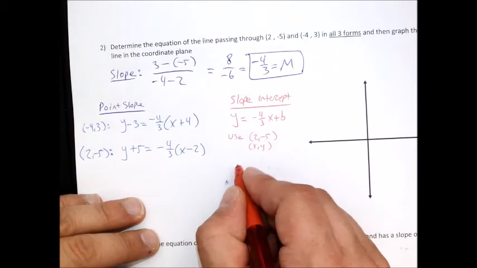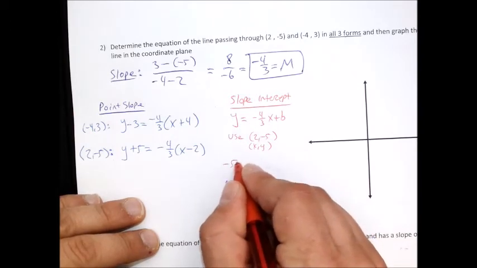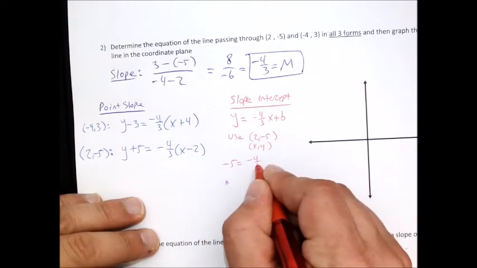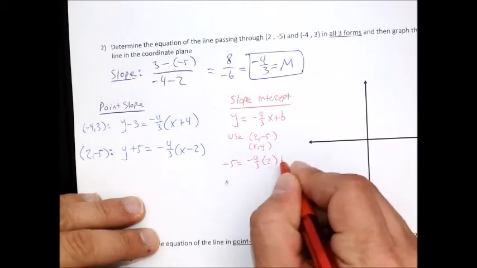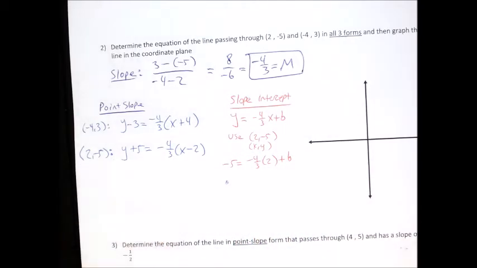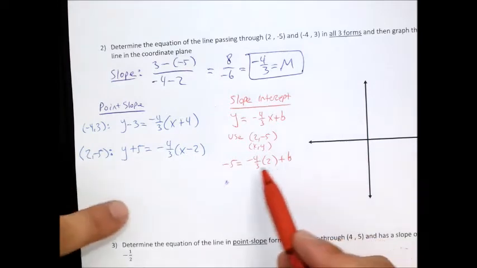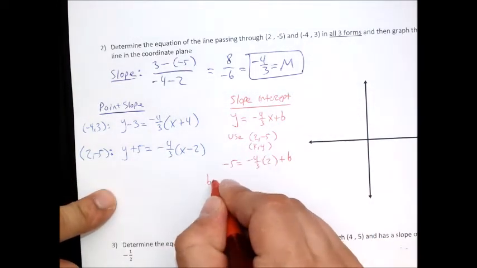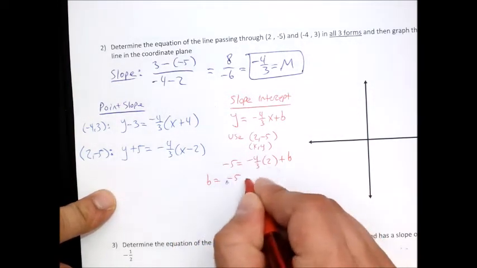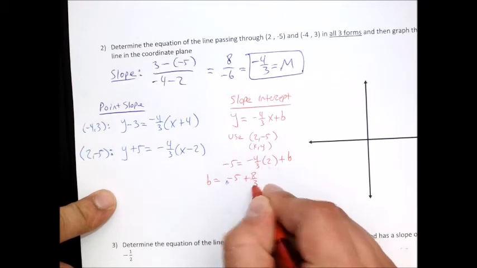So you use that x comma y and you plug it in there and you find b. So that's going to be minus 5 equals minus 4/3 times 2 plus b. So I just plug that point into the equation. And then that's going to be 8/3, so we'll get b equals minus 5 plus 8/3.